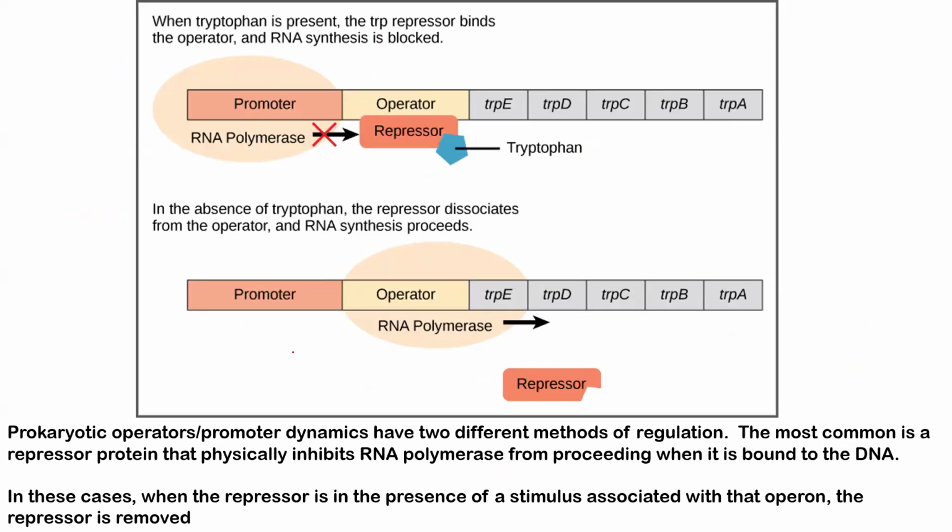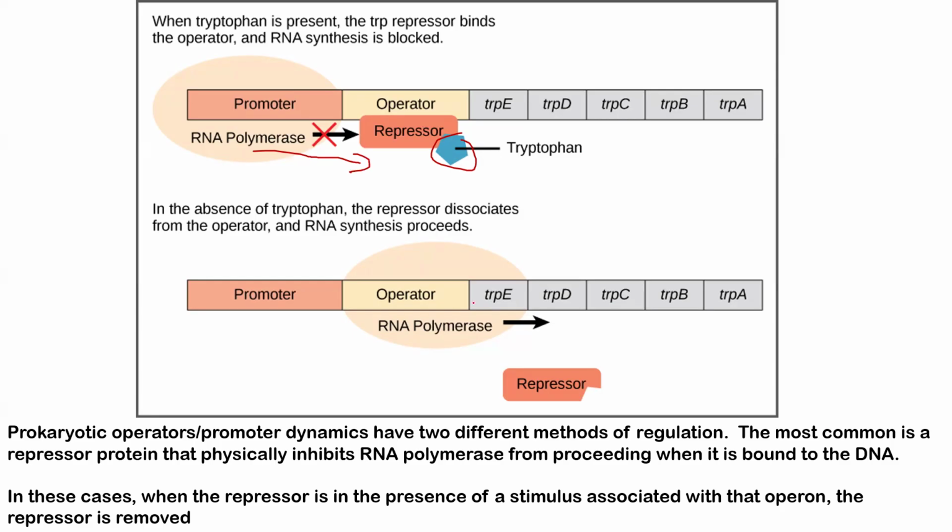So going back to the tryptophan example, typically tryptophan has a repressor that binds to its operator. When tryptophan is in excess, it binds to the repressor and maintains the repressor on the operator, and this prevents RNA polymerase read through because in this case the operator exists downstream of the promoter.